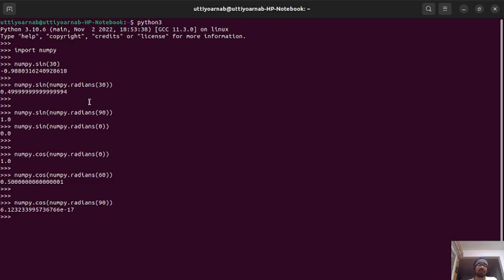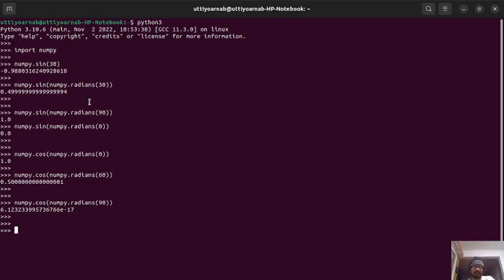Yeah, a very small number, e raised to minus 17. In normal regular calculation it is 0, very close to 0. So cos 90 is 0, cos 0 is 1, cos 60 is 0.5.